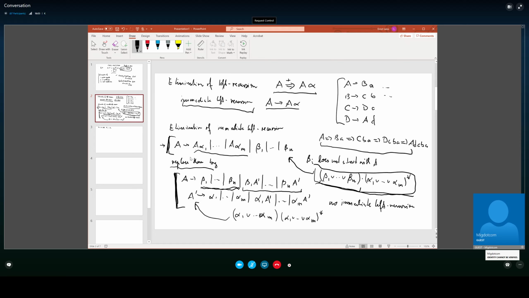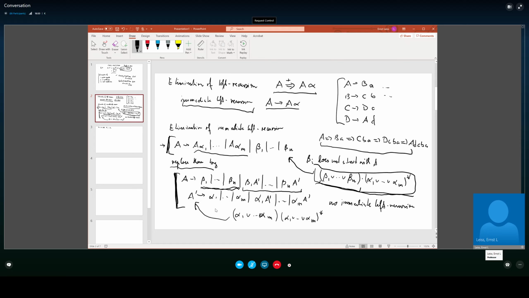And then we add A prime productions, which produce alpha 1 through alpha m, this with the A stripped off and that with the A stripped off, so alpha 1 through alpha m, followed by alpha 1 A prime, etc. through alpha m A prime. All right, this is where I'm losing myself, because A prime is actually the combination of alpha.